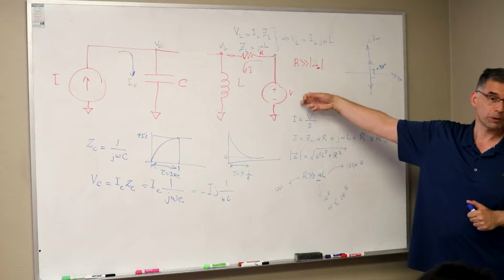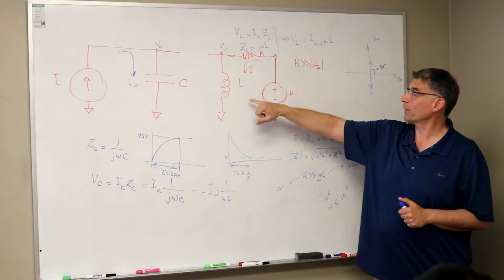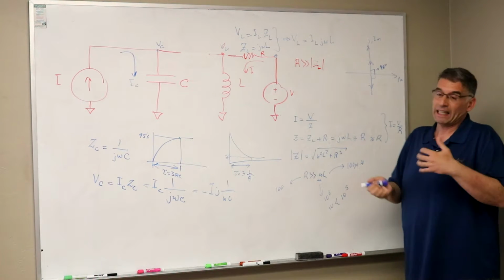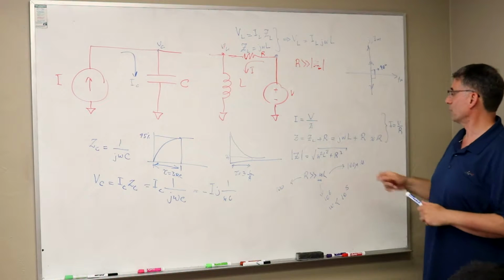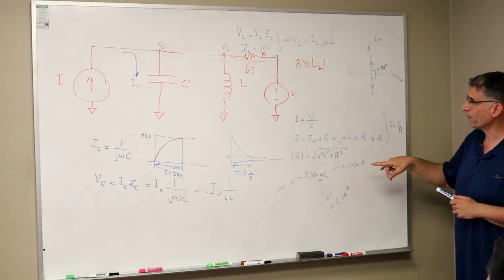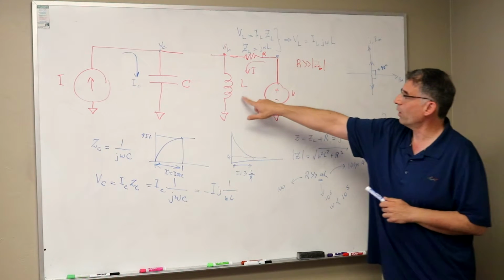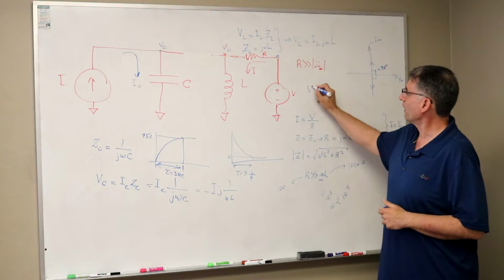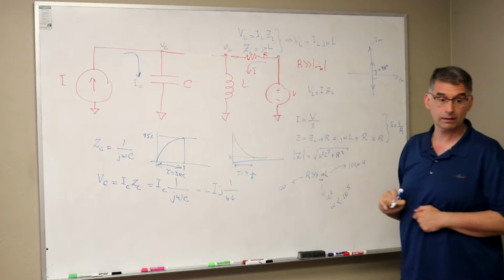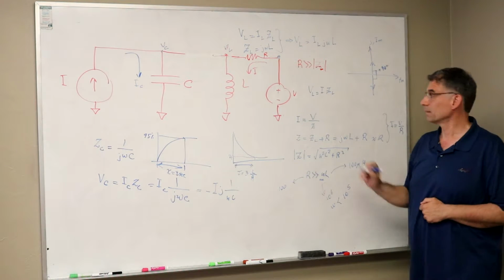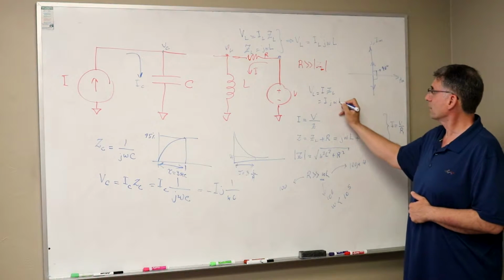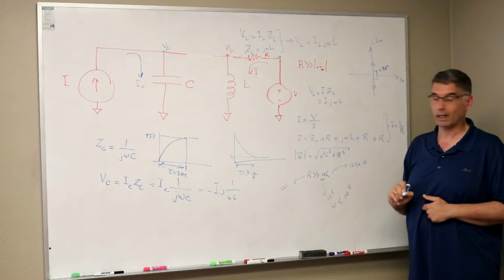Here, we're going to be measuring these voltages over different frequencies. Even at a single frequency, what you can do, because we know that VL is equal to I ZL, right? And ZL was j omega L, right?